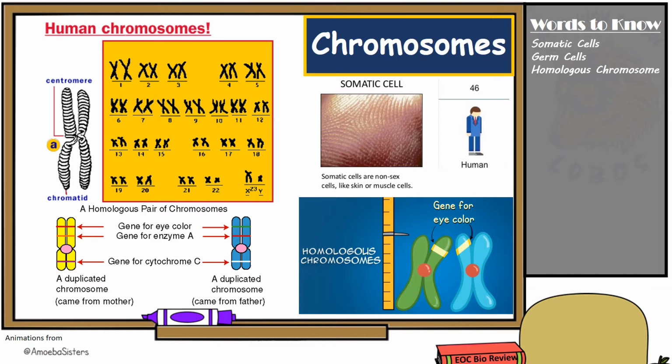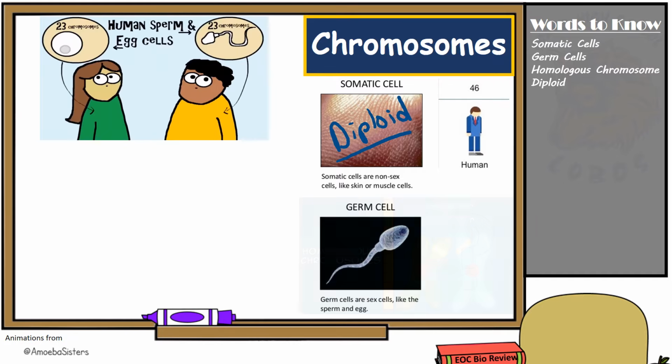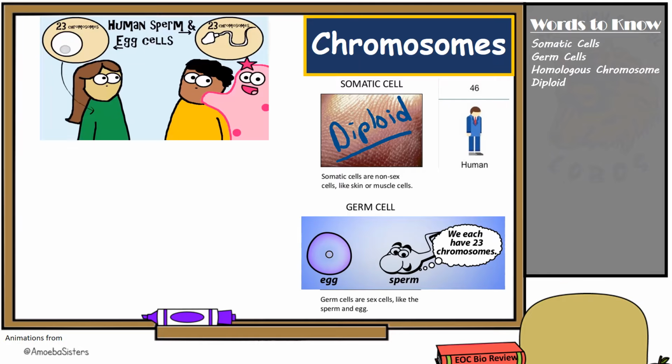Just as we use both socks, your body cells use both sets of chromosomes to function properly. A complete set of chromosomes is called a diploid set. So in humans, that would mean 46 chromosomes. Somatic or body cells have a diploid set of chromosomes, and sex cells, on the other hand, only have half the set of chromosomes, which is why we refer to these as haploid.